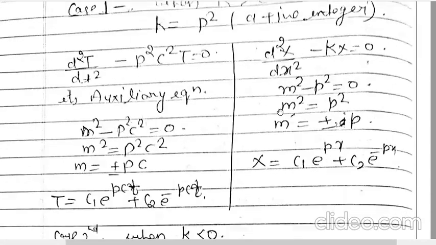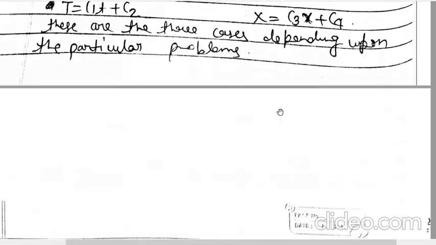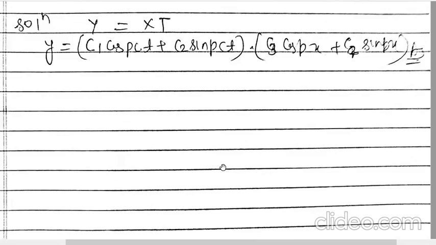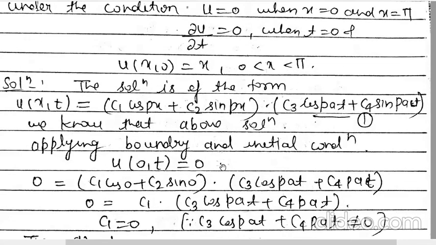So this is your final solution, when k is a negative integer, which we got in our previous session. Now we will use this solution. We know the solution of the wave equation, so there is no need to find it again by applying case 1, case 2, case 3, so no need to derive here, right?